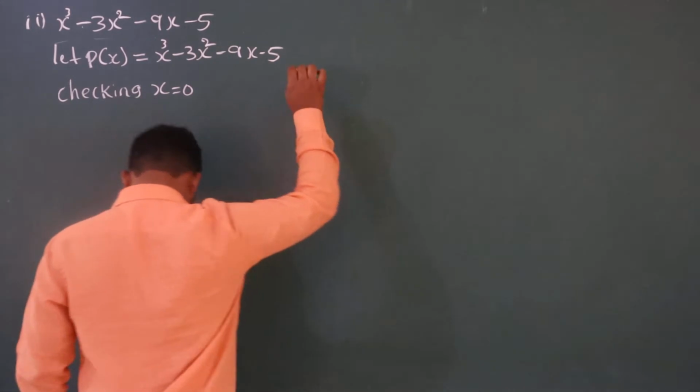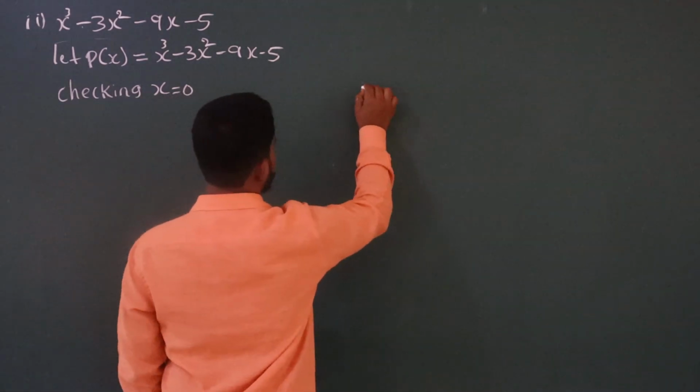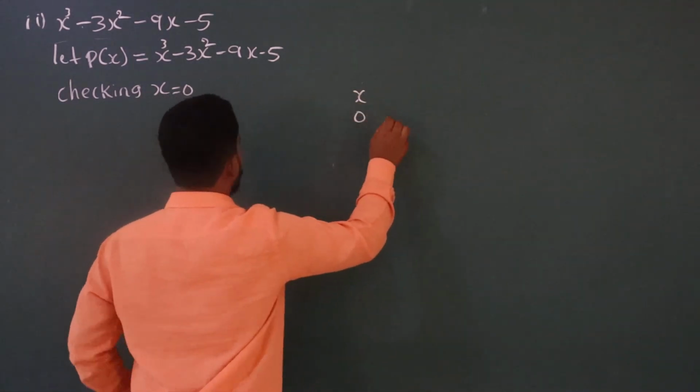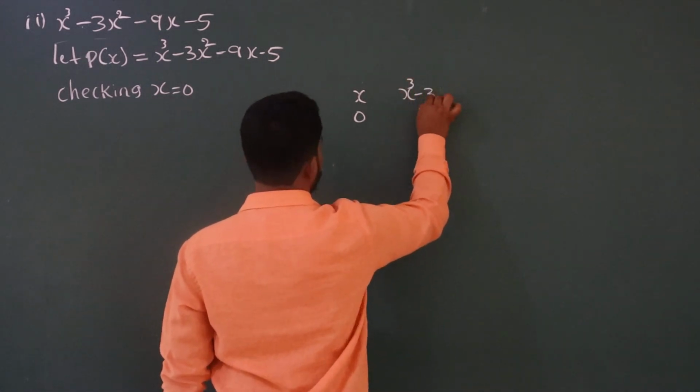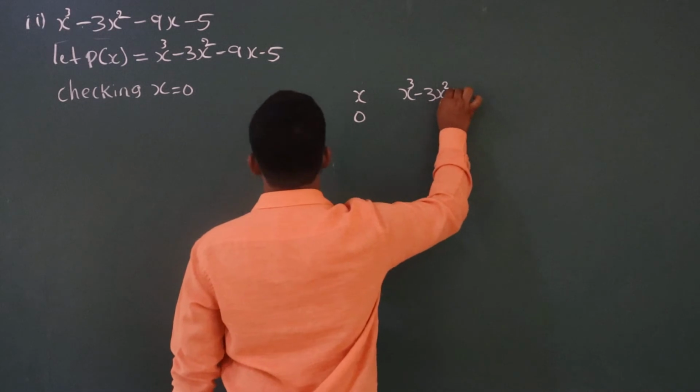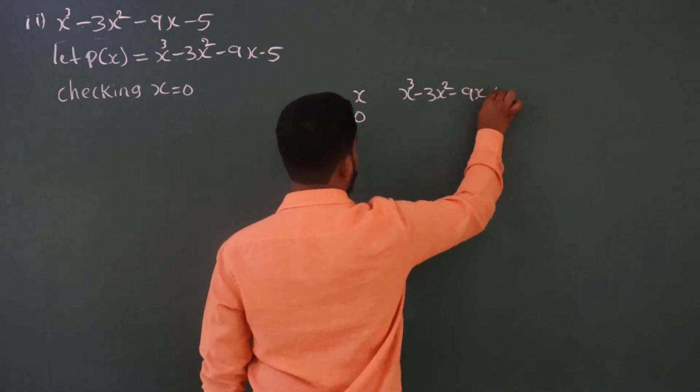Now here x is equal to 0. What is p of x? x cube minus 3x square minus 9x minus 5.